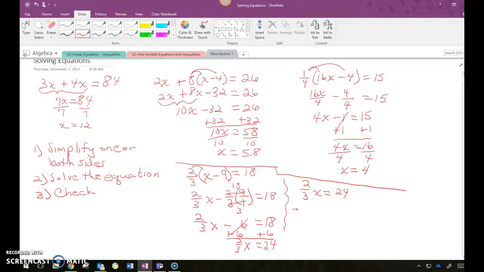I would need to divide by 2/3. But I remember that dividing fractions means I actually multiply by the reciprocal. So now this is 24 over 1 times 3 over 2. This is just 1x. 24 times 3 is 72, 2 times 1 would be 2, and 72 divided by 2 is 36.